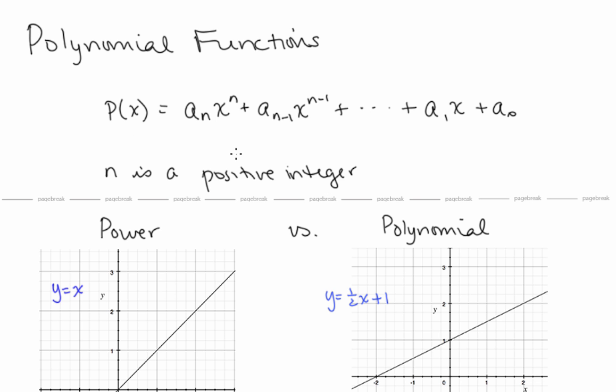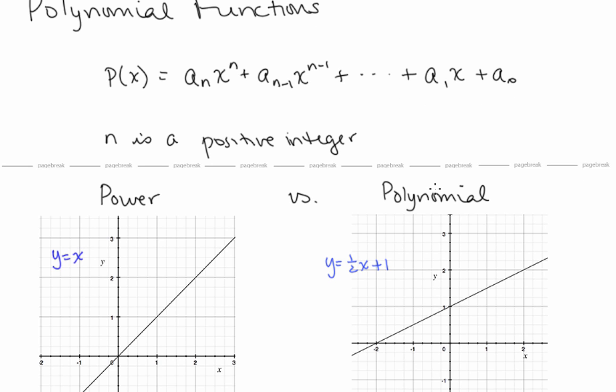Polynomial functions have the form a sub n x to the n plus a sub n minus 1 x to the n minus 1 plus all the way down to a1 x plus a0, where n is a positive integer. So, for example, for n equals 1, let's compare the power function to the polynomial function. Here we have y equals x, and here, for example, is y equals 1/2 x plus 1.